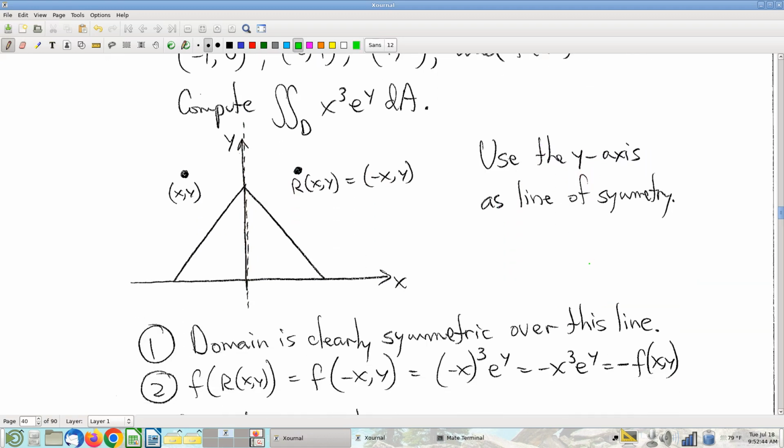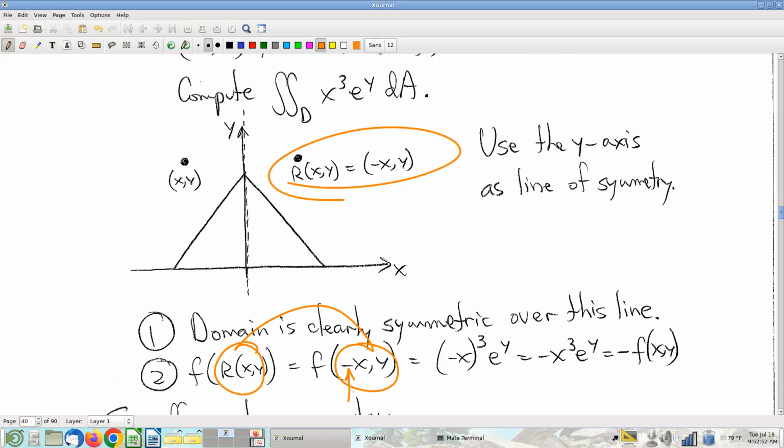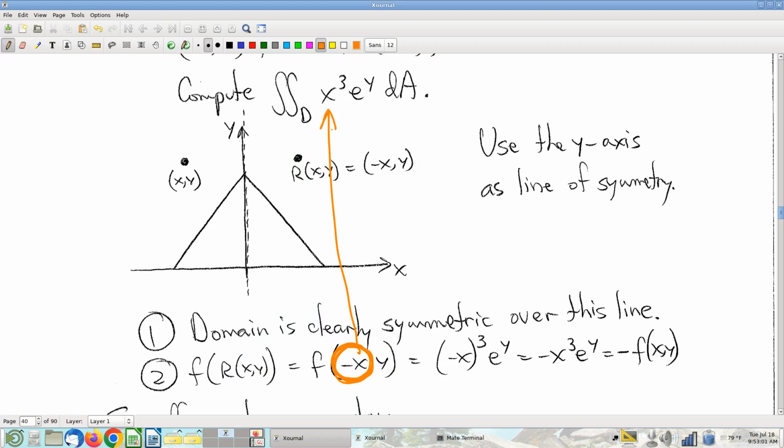And here we go. What I'm going to do with the reflection puts this minus sign on the x coordinate. So I've got to ask now, what happens when I take minus x and plug it into my function?